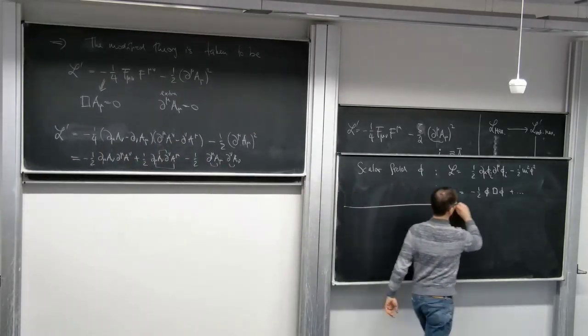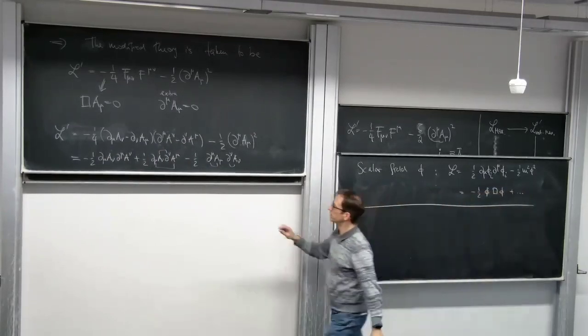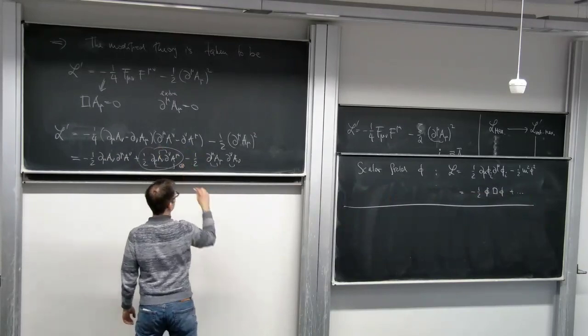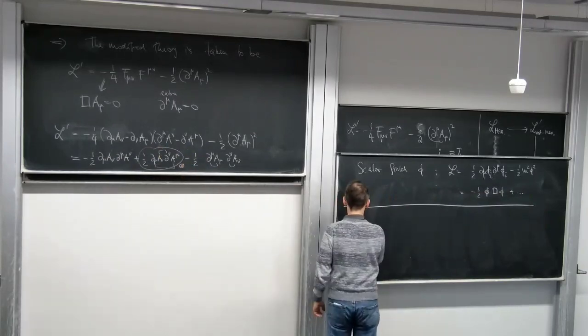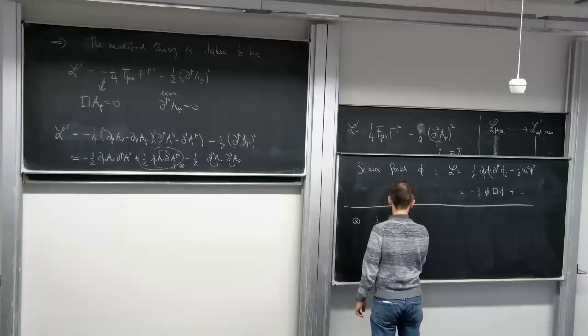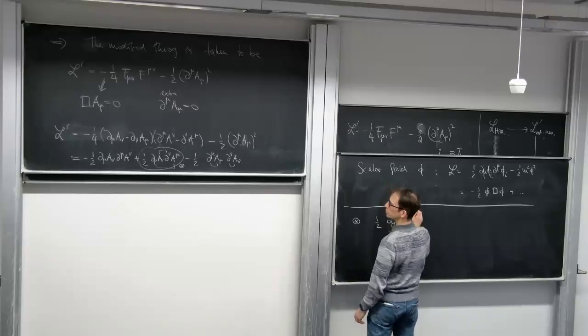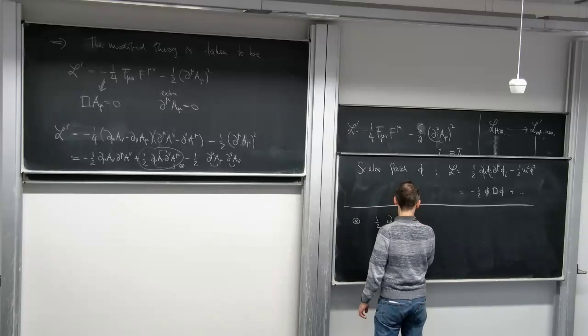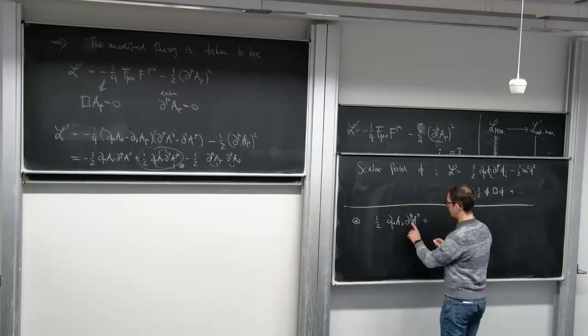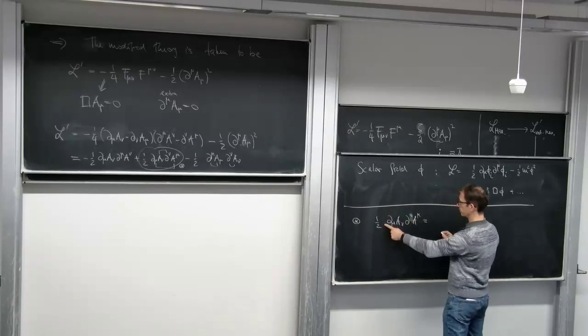So let's look at this term here. This is equal, so I'm copying it, ∂_μ A^ν ∂^μ A_ν. Now, let's take this to the front.